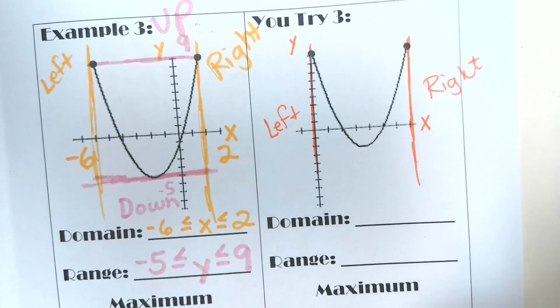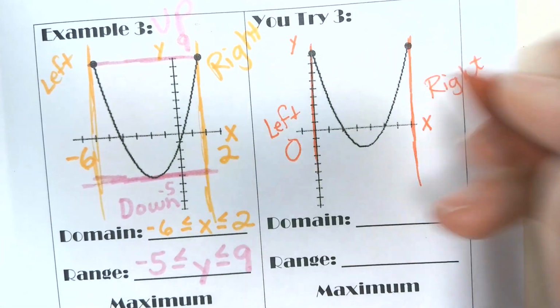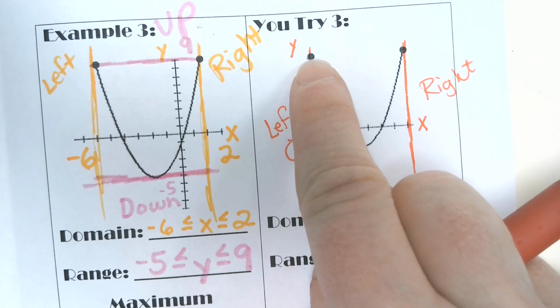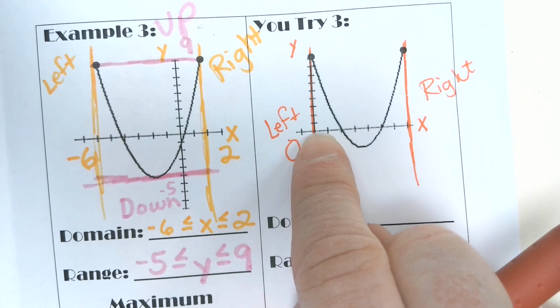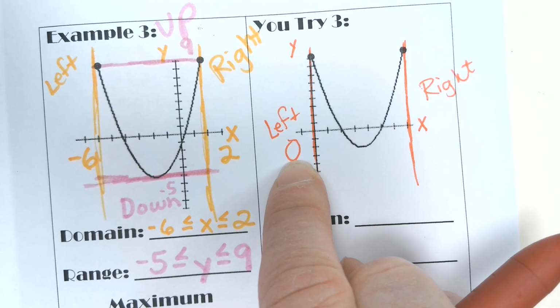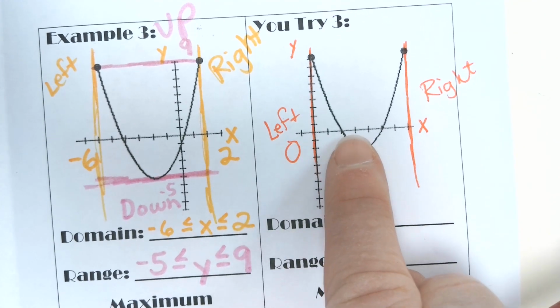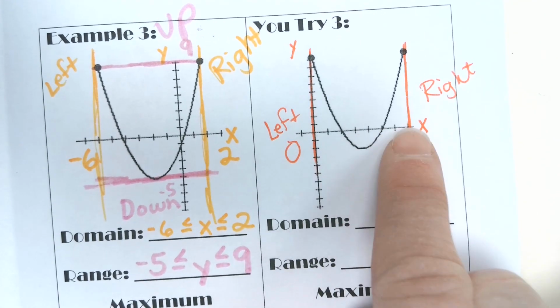0, yeah. You know what a lot of people want to put on this one? 9. But 9 is the y value. The x value right here is 0. So our left is 0. And then our right is 1, 2, 3, 4, 5, 6, 7.